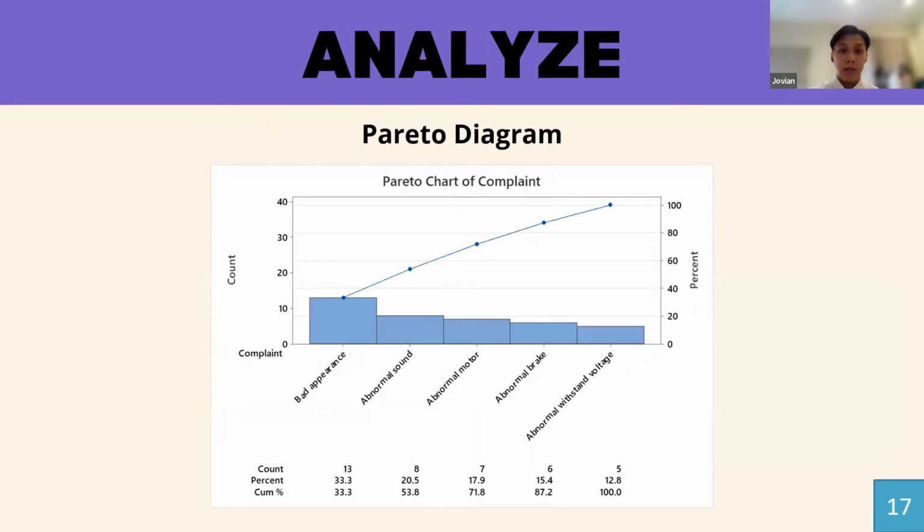And we analyze this with a Pareto diagram, which shows us the most common complaint is bad appearance with 33.3% of the total complaints, and then abnormal sound, abnormal motor, abnormal brake, and abnormal voltage.